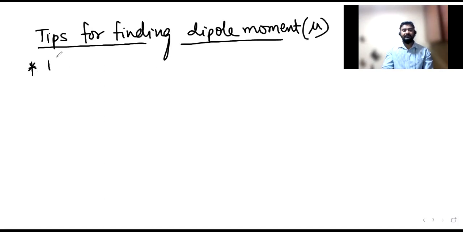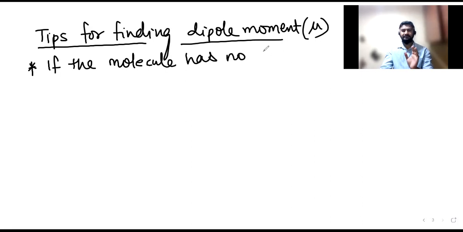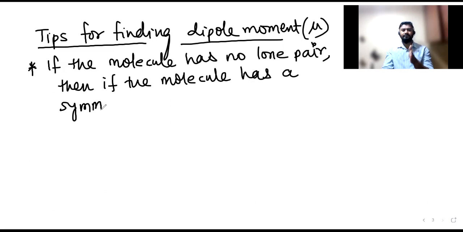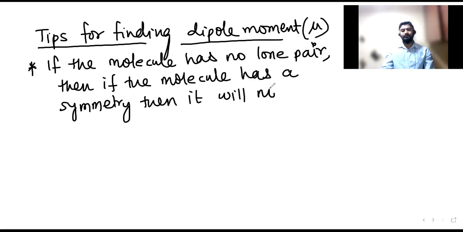Statement number 1, if the molecule given has no lone pair, 0 lone pair, and if the molecule has a symmetrical structure, symmetrical meaning we can cut it into two equal halves, then it will be non-polar. Simple. The mu is 0 at that time.